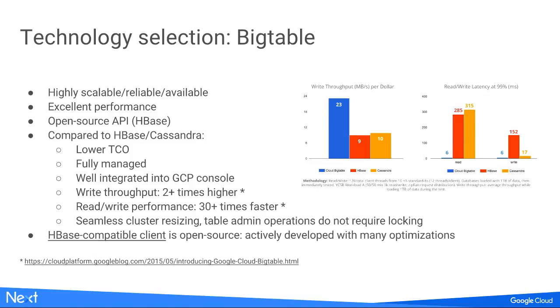Compared to HBase and another very popular NoSQL database, Cassandra, the performance of Bigtable is significantly higher. In addition, it is fully managed, of course, on Google Cloud Platform.